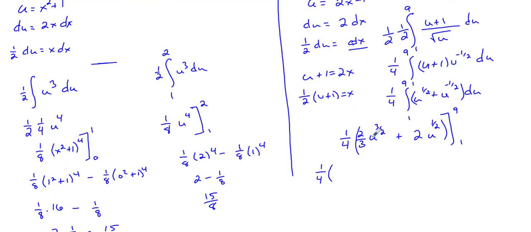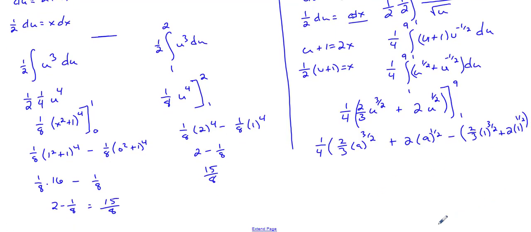I'll leave that as a multiplier. And we got 2/3 times 9 to the 3/2, plus 2 times 9 to the 1/2, minus 2/3 times 1 to the 3/2, plus 2 times 1 to the half. Boom. Just enough space.